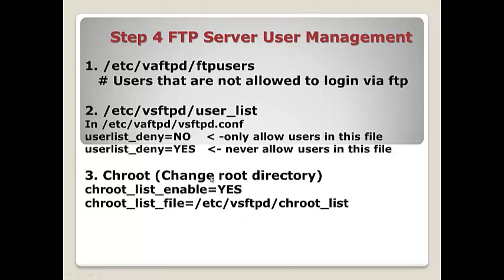It means all users that are allowed to log in to FTP servers normally can go to the previous directory. But if some users are listed in this file, /etc/vsftpd/chroot_list, these users cannot go up to the previous directory. Okay, I will show you about this one.